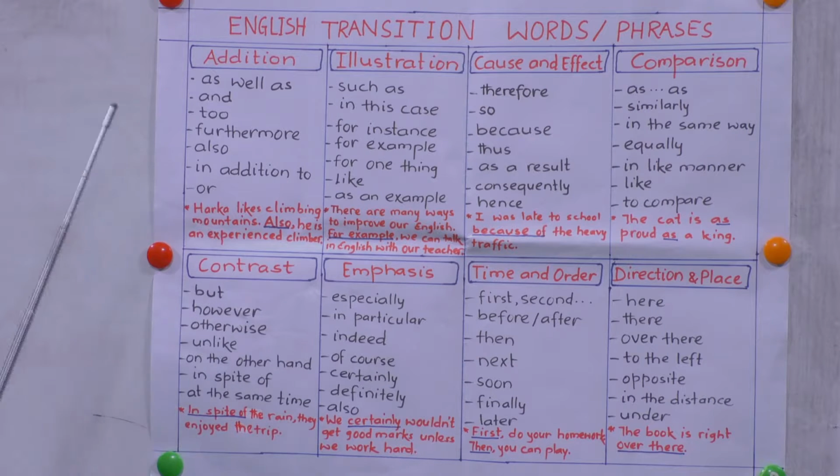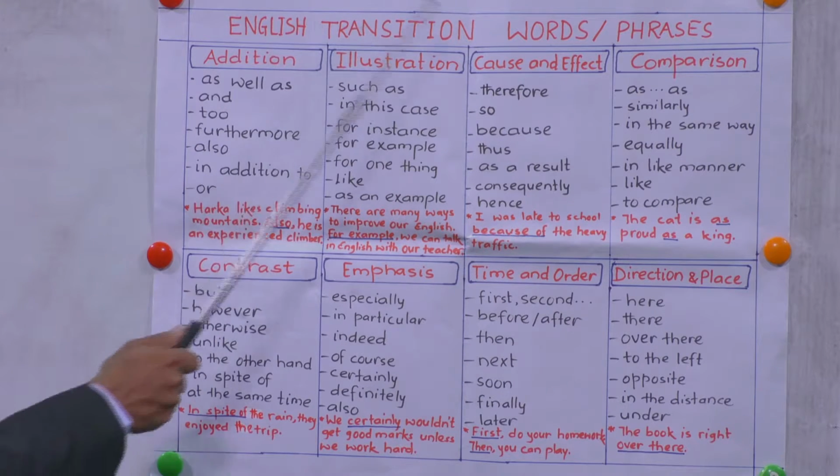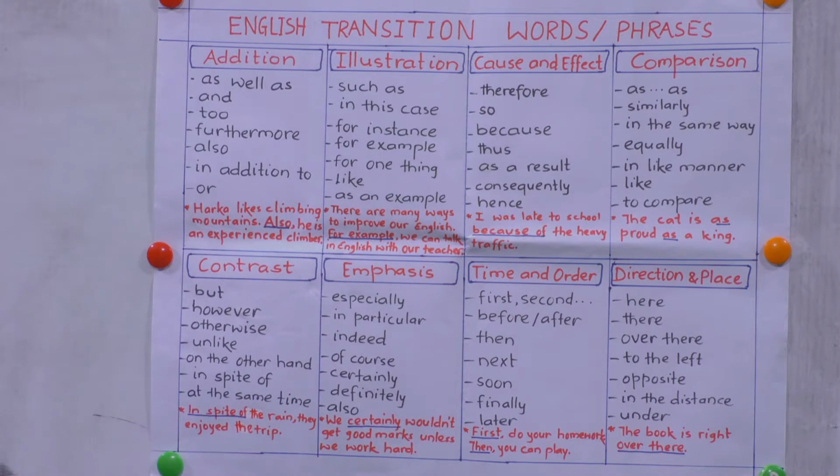For example, look at this sentence: Harka likes climbing mountains. This is one piece of information, and you see also he is an experienced climber. This second sentence gives us additional information about Harka. So also is the transition word used to give additional information here on the chart.